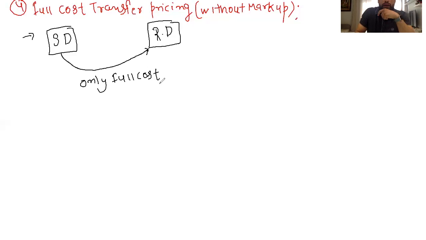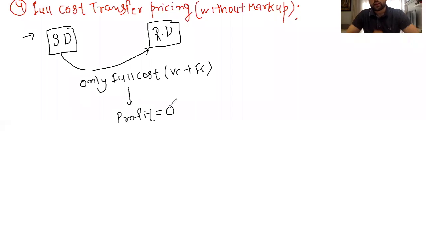Full cost means variable cost plus fixed cost. They use full cost as the price. So what does it mean? If the supplying division is charging full cost, the supplying division's profit is zero. The supplying division is not making any profit when transferring material to the receiving division.